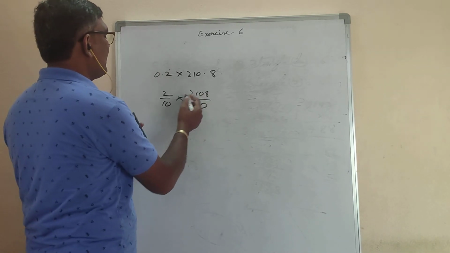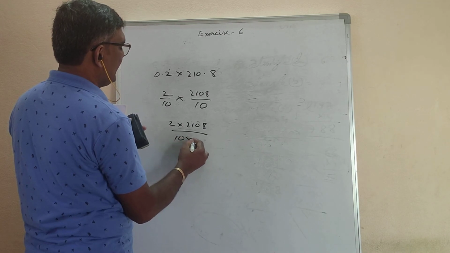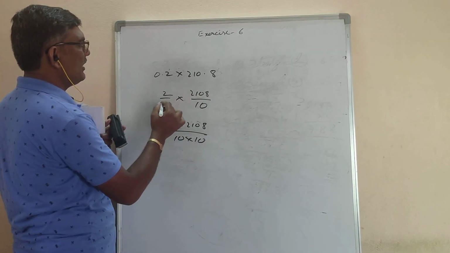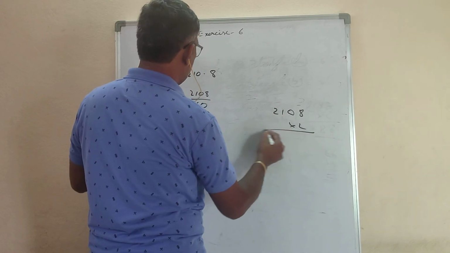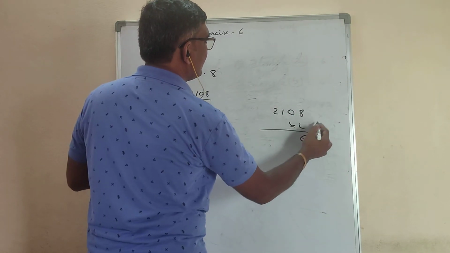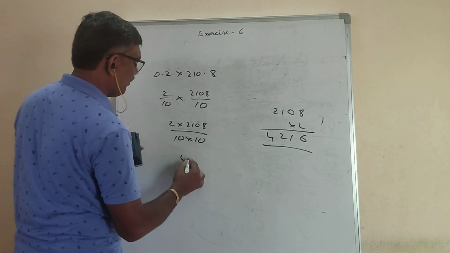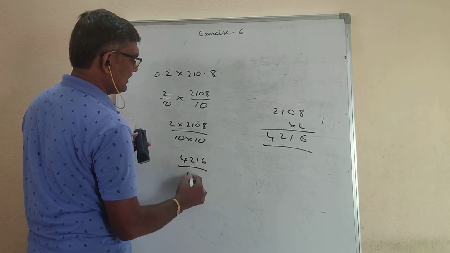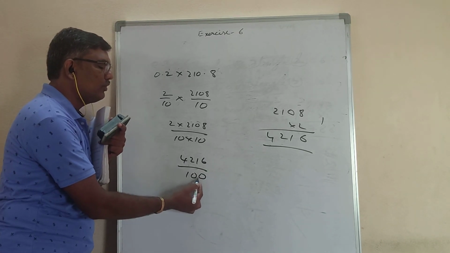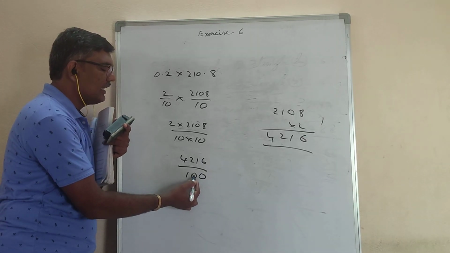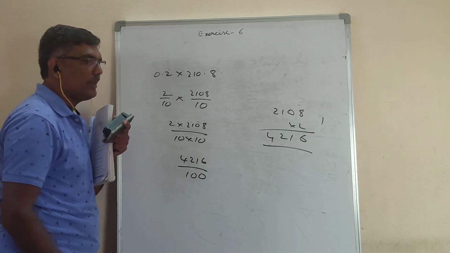Next, what you have to do? Numerator into numerator: 2 into 2108, 10 into 10. Numerator into numerator, denominator into denominator. Now 2108 should be multiplied with 2. 2 8s are 16, 1 carry, 1, 2, 4. So you are getting 4216 by 100. How many zeros are there here? 2 zeros. 2 zeros in the denominator means in the numerator, 2 digits before you have to keep a point.